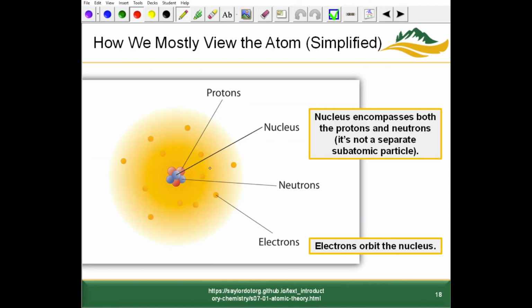This is how we view the atom now, mostly. Notice it's not the plum pudding model. So how we view it today is, again, we have this nucleus that contains the protons and neutrons. Protons, positively charged, neutrons, neutral, while these negatively charged electrons sort of orbit around the nucleus.